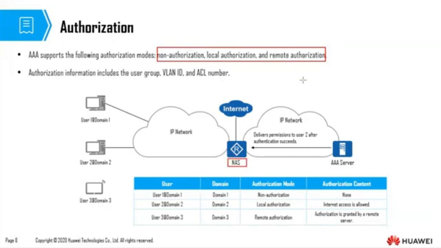And finally, remote authorization, when that is done at the AAA server. Now, authorization information includes things like the user group, the domains, the VLAN IDs, the ACL number, etc. Remote authorization can also be done through Radius, just like I showed you. That communication between NAS and AAA can be done through Radius or through the Huawei Terminal Access Control Server Protocol.